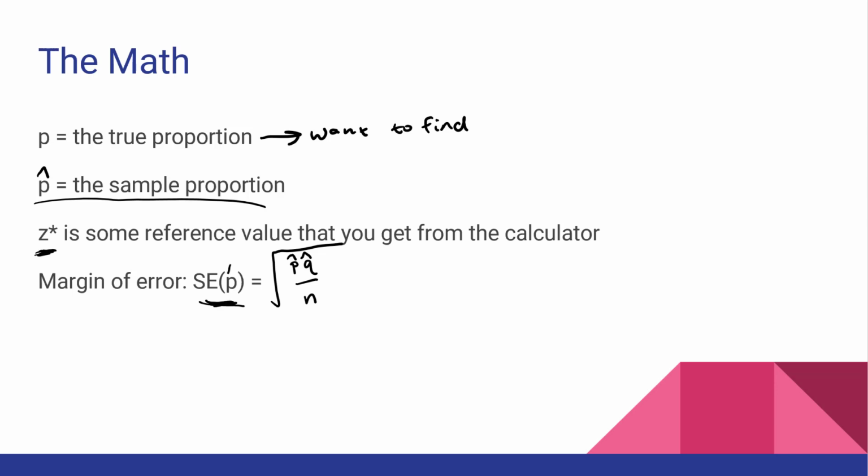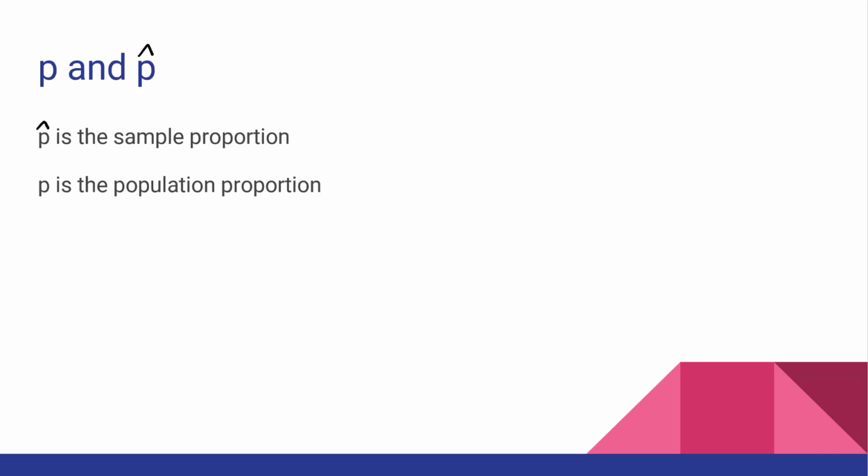So your standard error of P hat is equal to the square root of P hat Q hat over N. This should seem very familiar because it's the same standard error that we have for all proportion questions about sampling distributions. And then from your standard error, you can get a number called your margin of error. So your margin of error will be equal to your Z critical times your standard error of P hat.